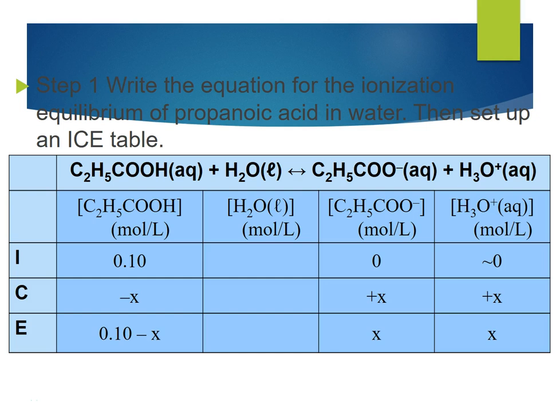Notice how the initial values for the two products are 0 and close to 0. The 0 is because there is not any of the conjugate base in the water initially. The almost 0 for hydronium ions is because there is a small amount of those ions in water. The change for each of these entities is x because the coefficient in front of each entity in the balanced equation is 1.